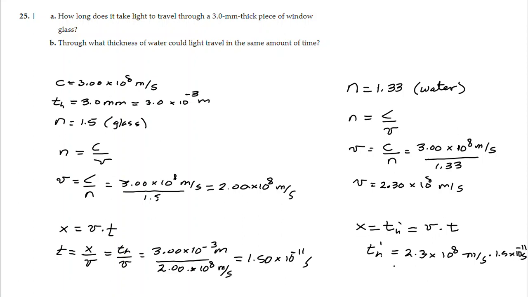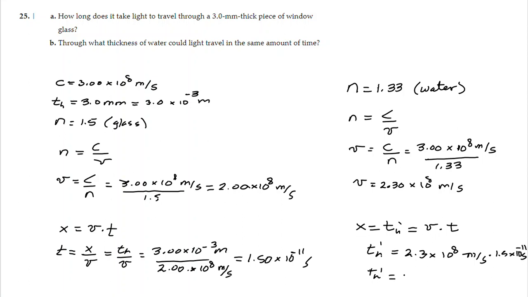Of course, the seconds are going to cancel out, and we're going to get that the thickness of water that the light will travel in the same amount of time as the 3 millimeters of glass would be 3.45 millimeters. This is after performing all the calculations.